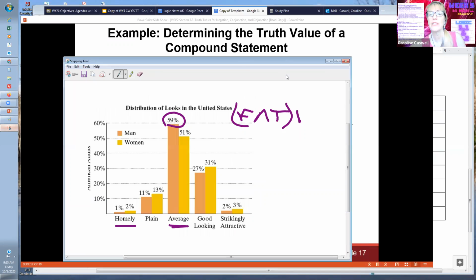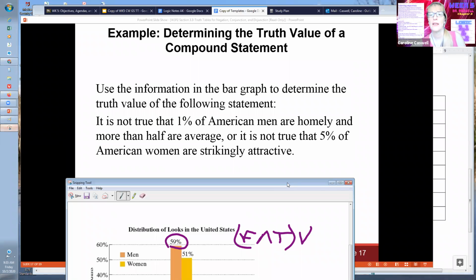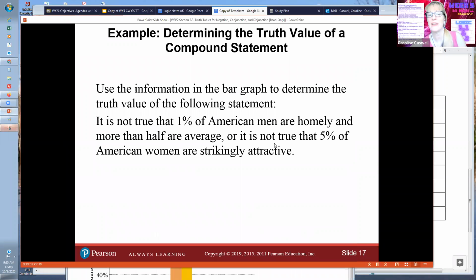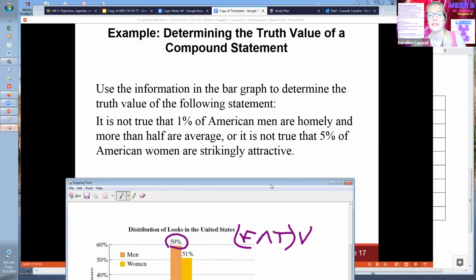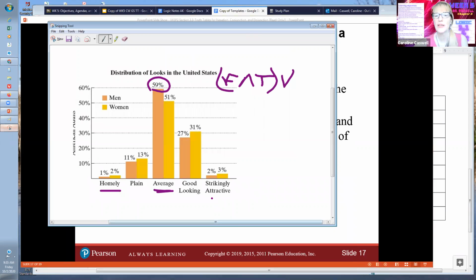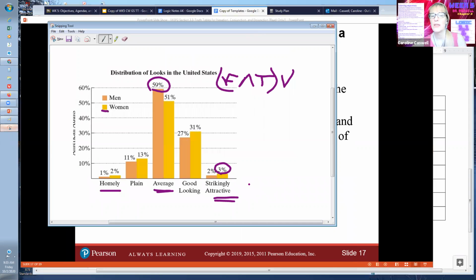The next part is or. It is not true that 5% are extremely attractive, strikingly attractive. So we're looking at strikingly attractive. Now we're looking at women, which are yellow, is 5%. So if you look at it, this is 3%. 3% are strikingly attractive.